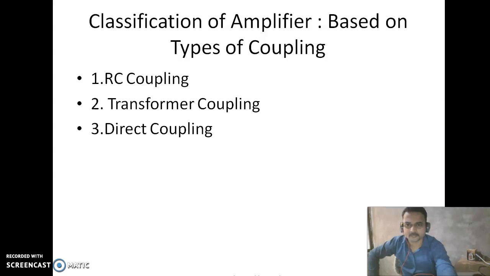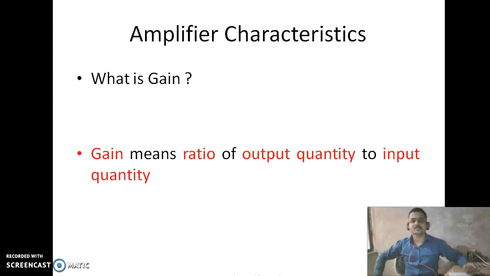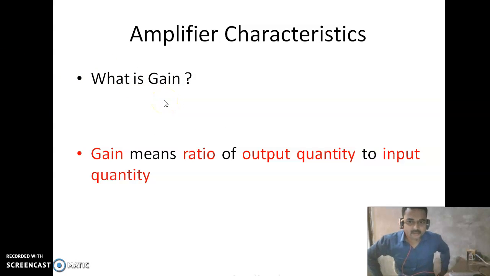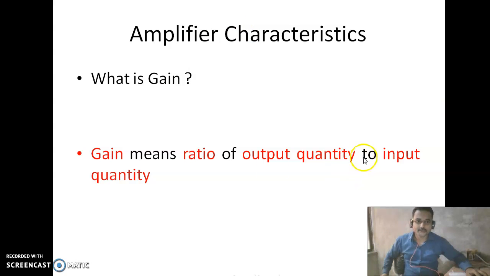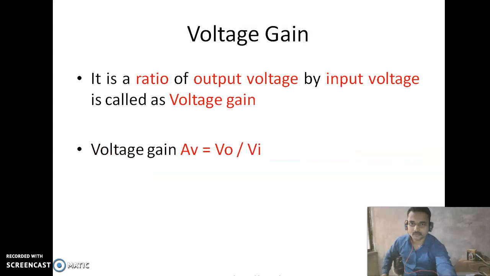Then we come to the amplifier characteristics. So what is gain? Gain is the ratio of output quantity to input quantity. So what is voltage gain? What is the output quantity in the case of voltage?